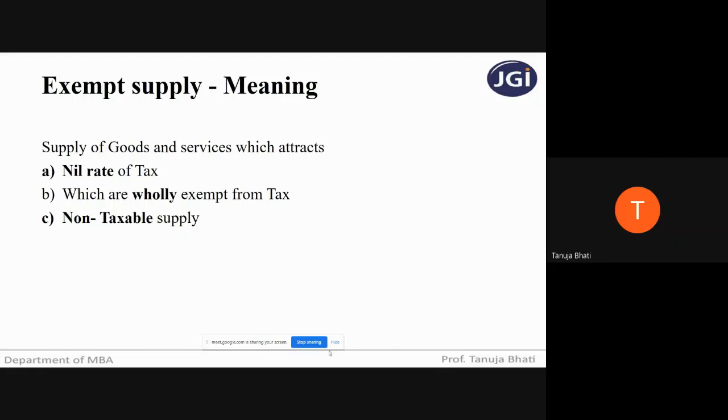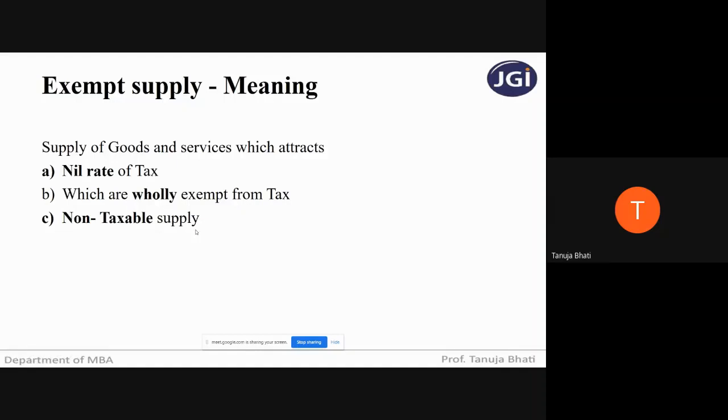So students, exempt supply under GST means supply of goods and services which attracts nil rate of tax, which are wholly exempt from tax, and non-taxable supply. So the definition of exempt supply means nil rate of tax.